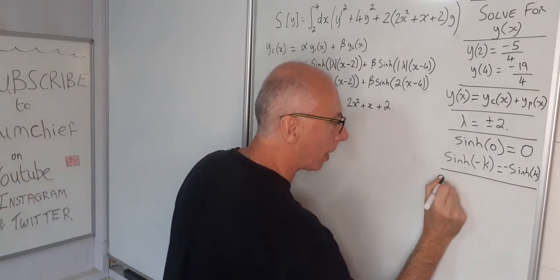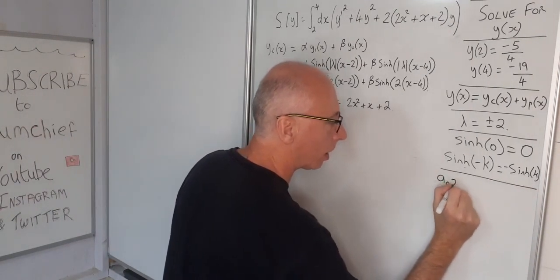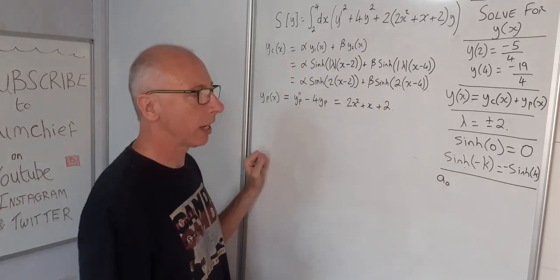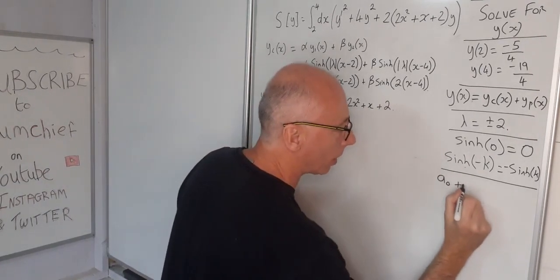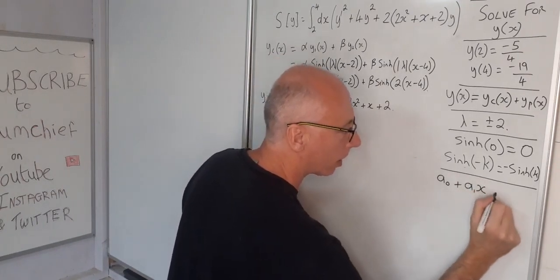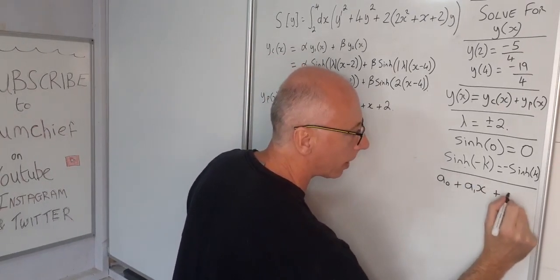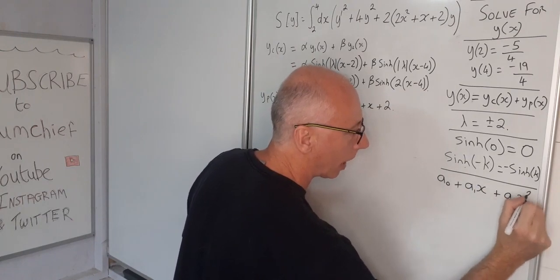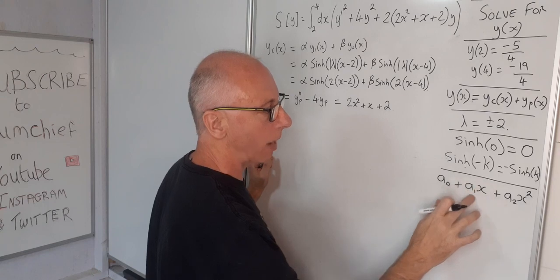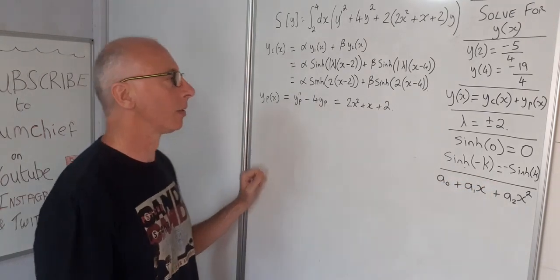So we're looking for an a0, which is just a coefficient, then for x, a1 x, and for x squared, a2 x squared. My subscript is equal to the power of x, so it's easy to follow.